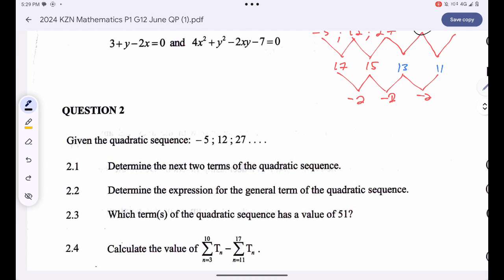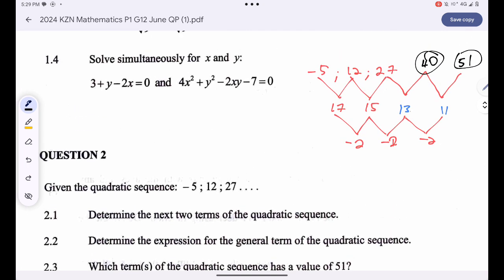Then I'm supposed to determine the expression for the general formula of our quadratic sequence. For the general formula, guys, we just need to know the values of a, b, and c. Why? Because the nth term is equal to an squared plus bn plus c.